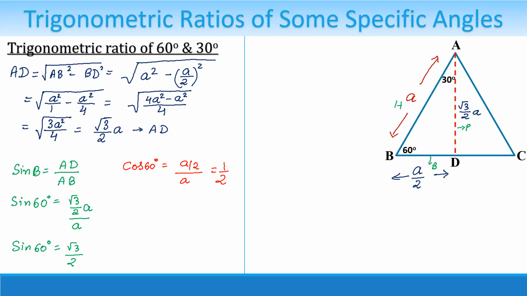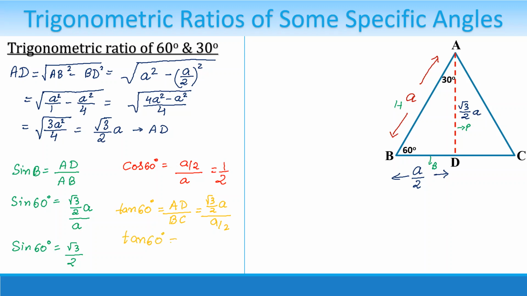Same way, if I go to calculate the value of tan, so tan 60° is perpendicular by base, so it will be AD upon BD. AD is root 3 by 2a upon a by 2. So a and a, 2 and 2 will cancel.